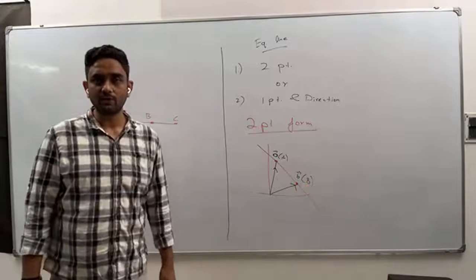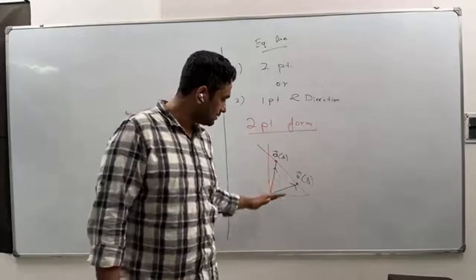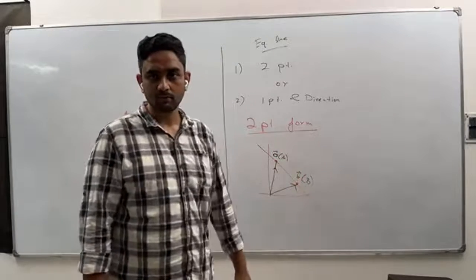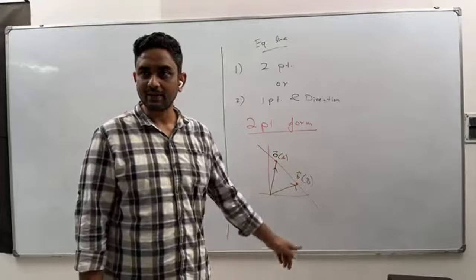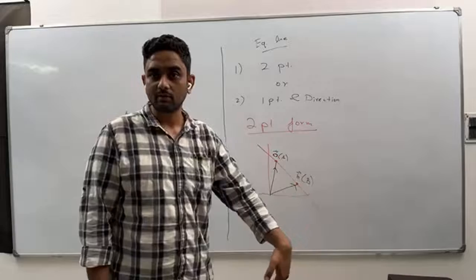Now we have to find the line. Which line? The red one is the line, not the black ones. They are position vectors. I want to find this line.